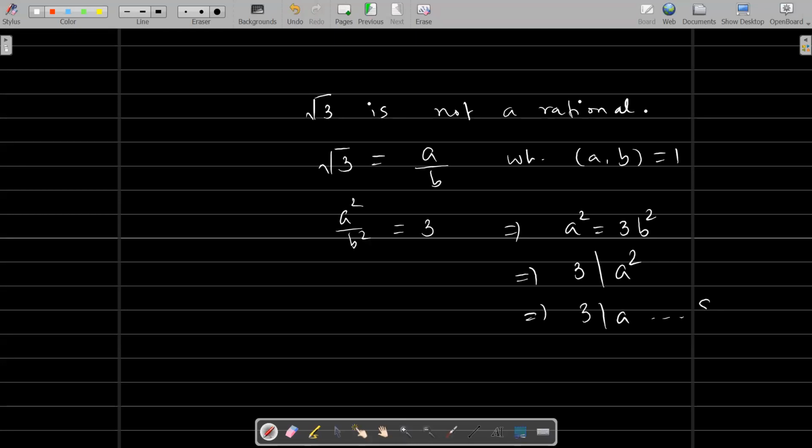So this is a property of prime numbers. Say for example, observe that 4 divides 6 square, but 4 does not divide 6, right? So that's not true for composite numbers. It's typically a property of prime numbers.